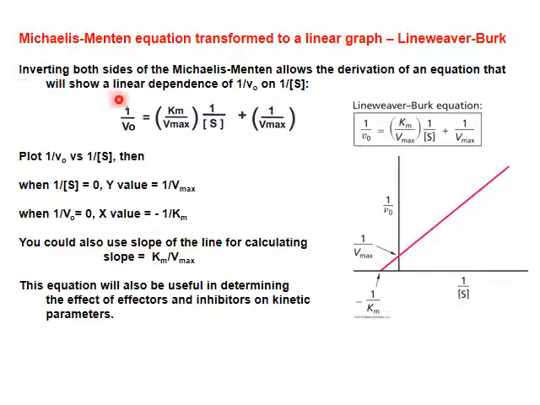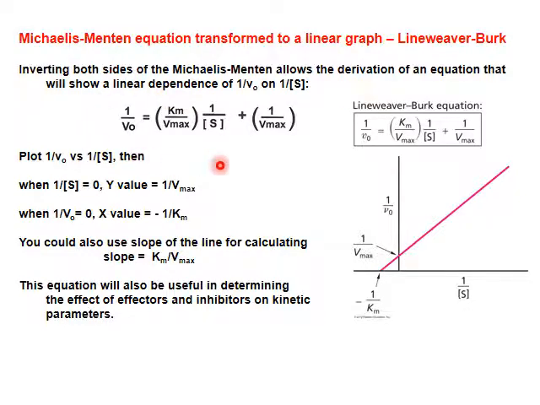So if we take the Michaelis-Menten equation and flip it, we do a double reciprocal. We put 1 over V0 equals Km plus S over Vm times S. You can do this yourself; I'm not going to spend time doing the derivation.